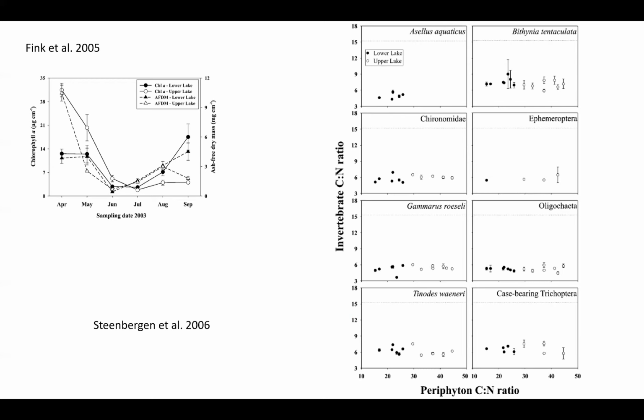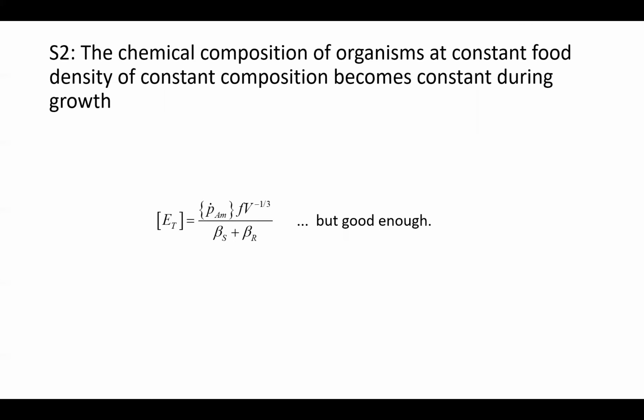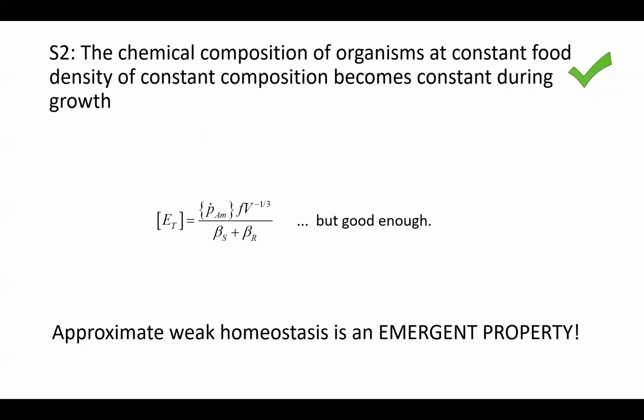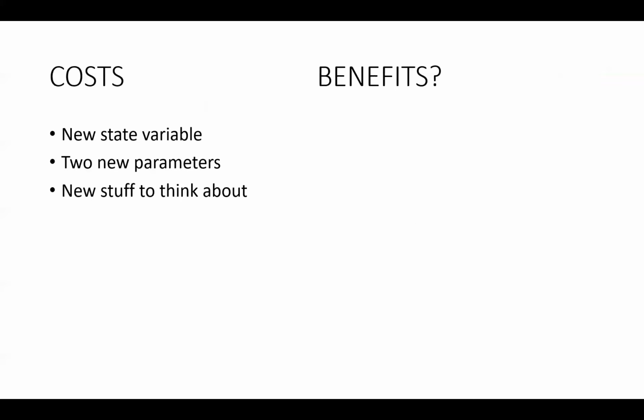I did not understand what the point of the Tinbergen et al. references is, so sorry, I can't comment on that. So I'd say we're okay. We don't observe strict weak homeostasis, but it's good enough. Do note, though, that this approximate weak homeostasis is an emergent property of the model, whereas in DEB it is assumed, and the dynamics are then derived from it.